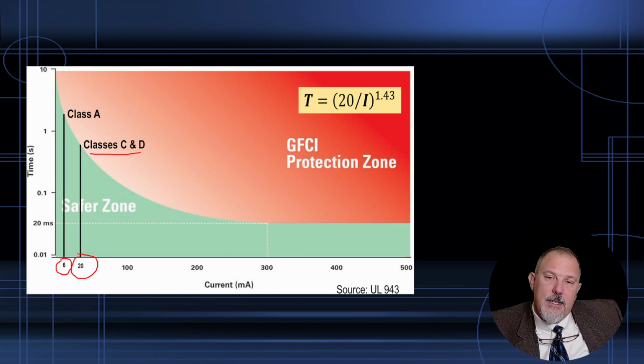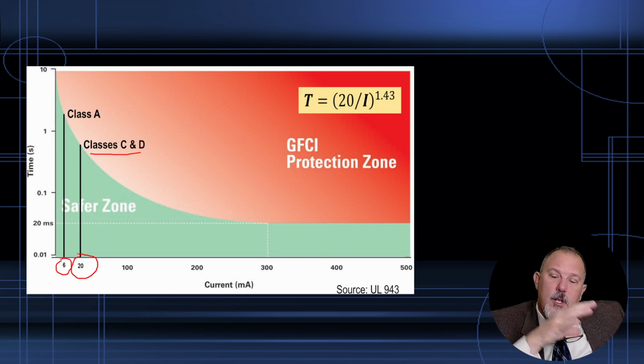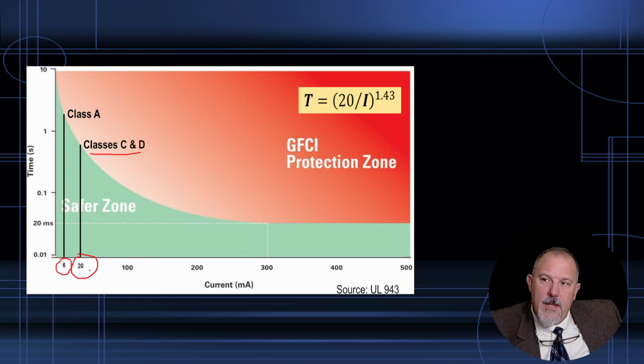But the thought process here is that it's not going to kill you. It's not going to put your heart into defib because it's below those thresholds. The 20 milliamp device and greater, that's when you get into the defibrillation. And that's a Class C and D device.